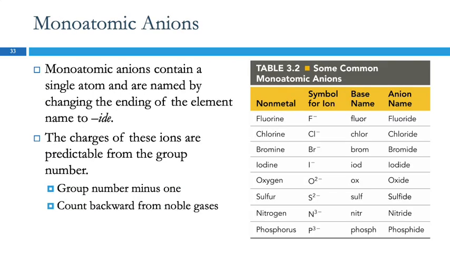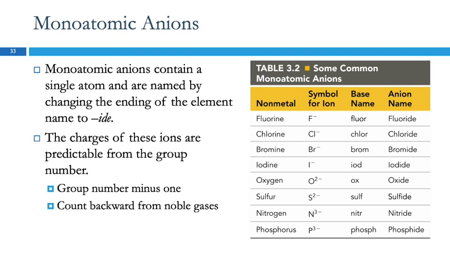Okay, so those are the cations, the anions. So anions are going to be obviously negative, but they're going to be the nonmetals. And so they need a name as well. So the monatomic anions are just the individual nonmetal elements.